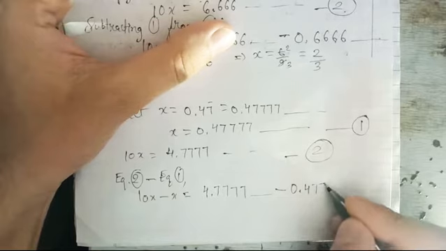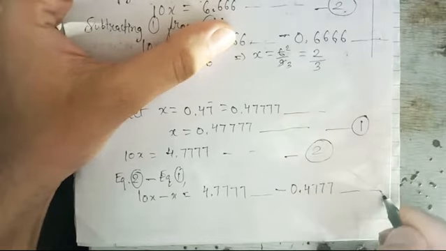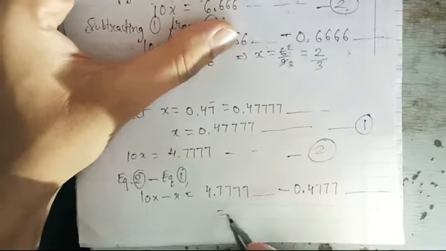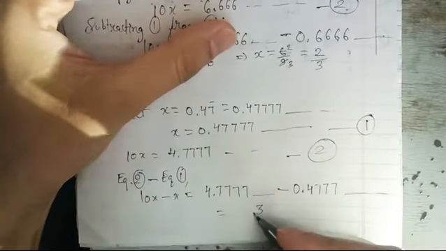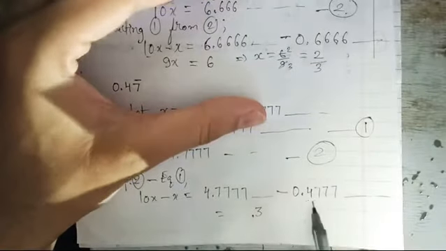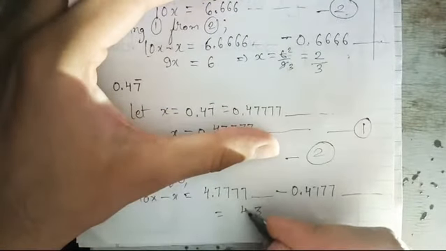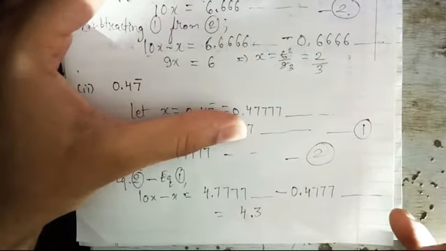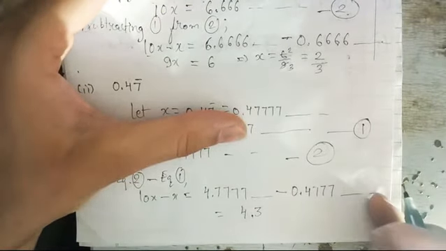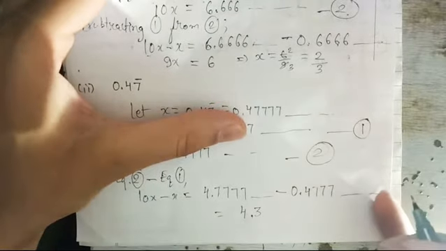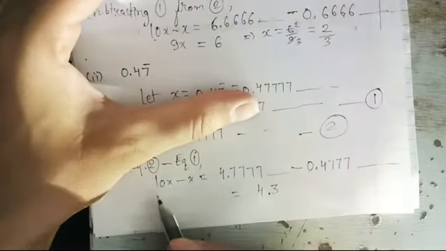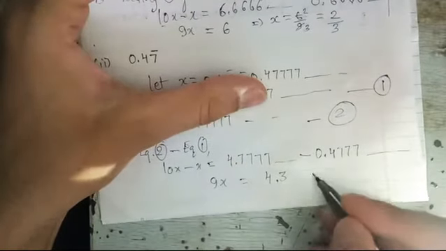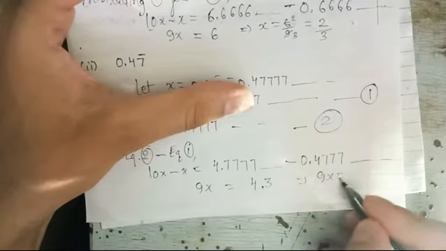So all these 7s will get cancelled. 7 minus 4 is 3, then the decimal, and 4 minus 0 is 4. So you will get 4.3 over here, and 10x minus x is 9x. So 9x is equal to 4.3.